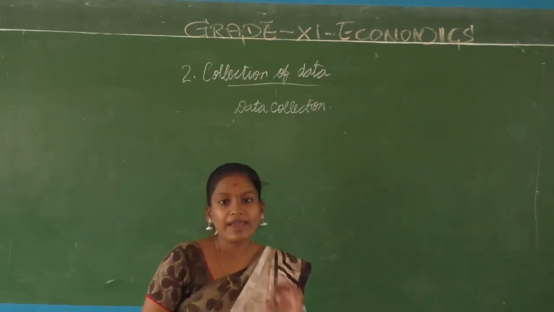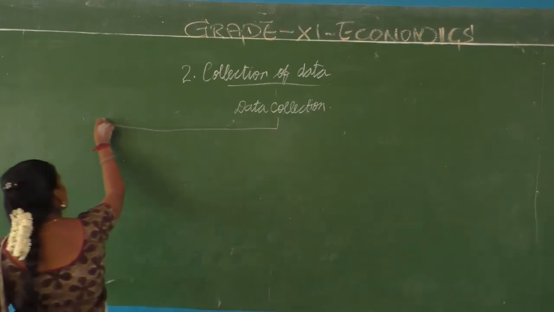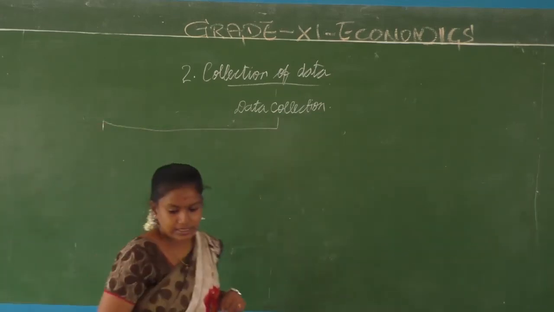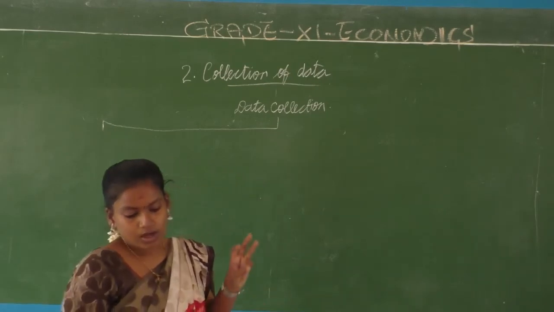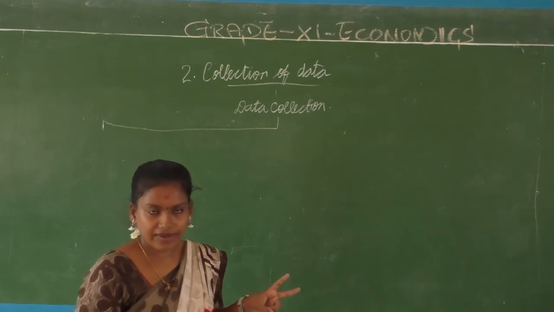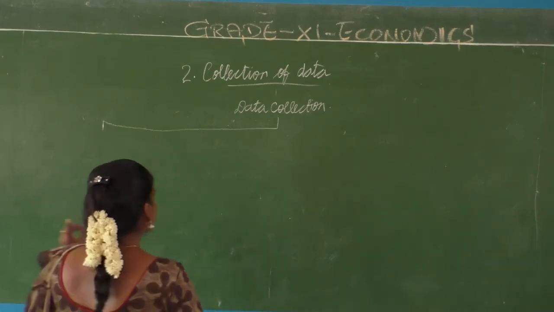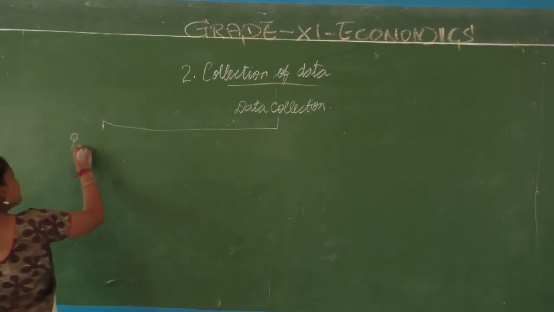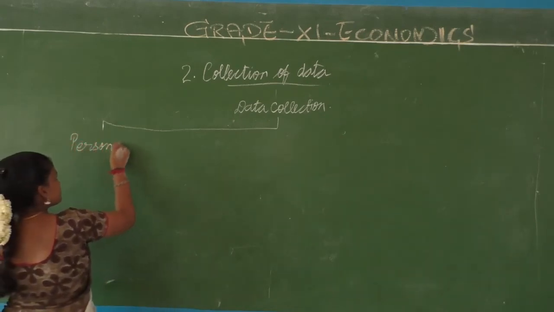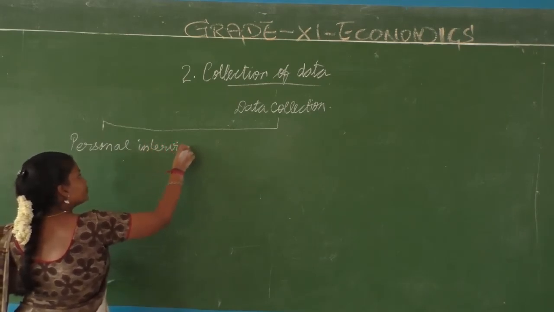So there are three basic ways of data collection. One is called a personal interview. Then next one is called a mailing questionnaire or survey. Third one is called telephone interviews. First one is what? Personal interview.